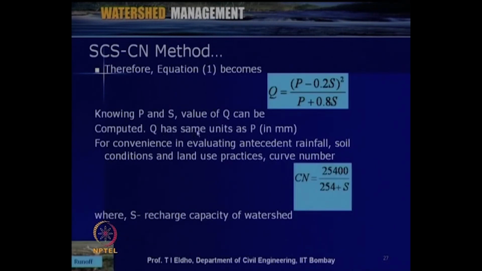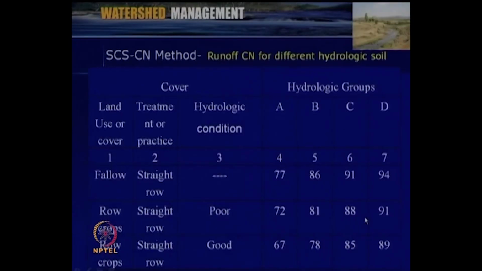Q has the same unit as P, millimeters. For convenience we can generate a number called the curve number. So, CN is equal to 25,400 divided by 254 plus S, where S is the recharge capacity of the watershed. We identify the curve number based upon this, and it varies from 0 to 100.